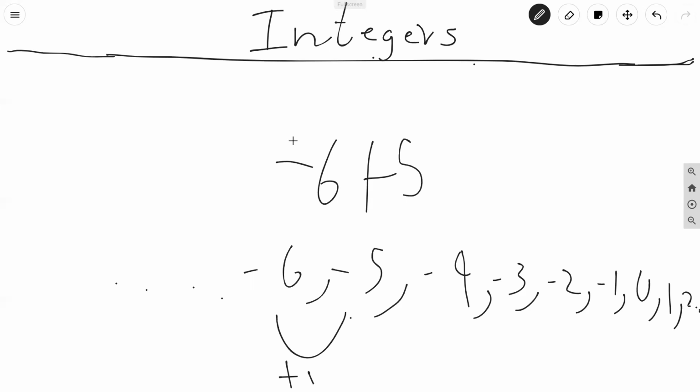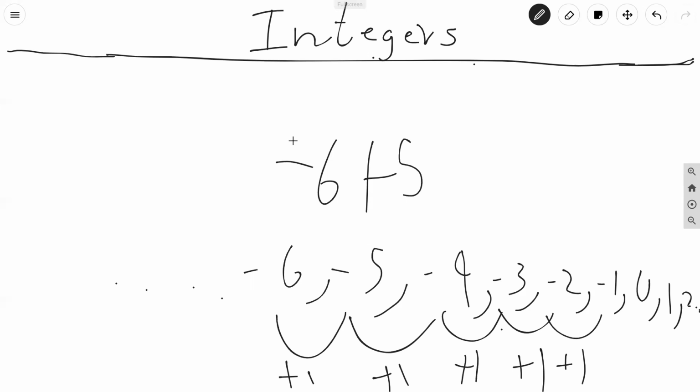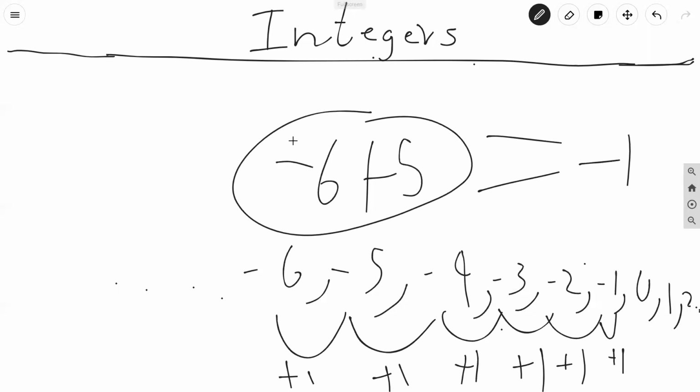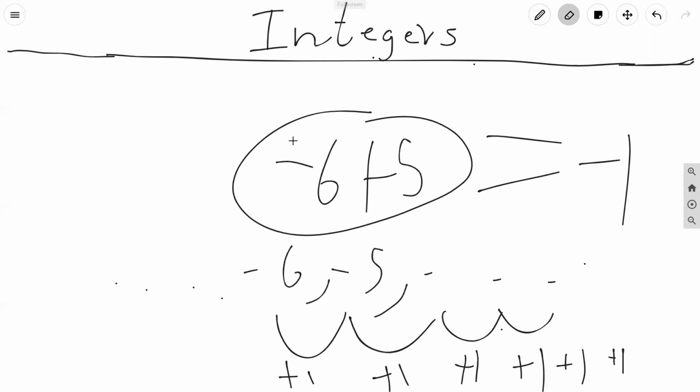Plus 1, plus 1, plus 1, plus 1, plus 1. Now that we added 5 in total, we ended up with minus 1. Minus 6 plus 5 equals minus 1.